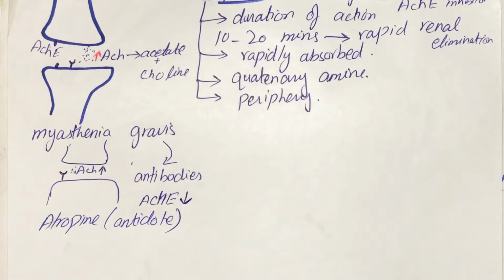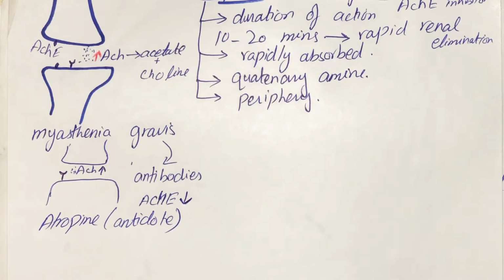So Edrophonium is also used to differentiate between cholinergic crisis and myasthenic crisis, because both of the conditions have similar symptoms like breathing problems and muscular weakness. But to confirm which of the either is patient having, we need to give him Edrophonium to confirm.